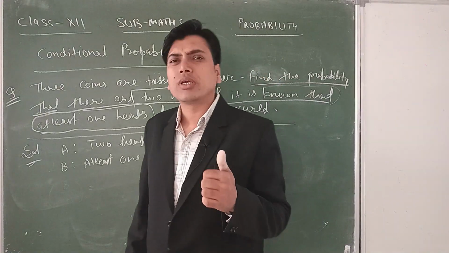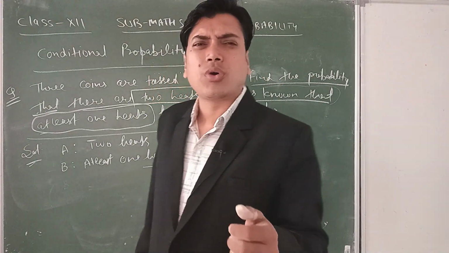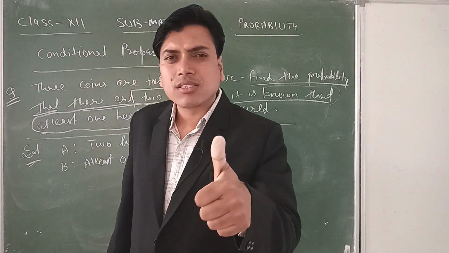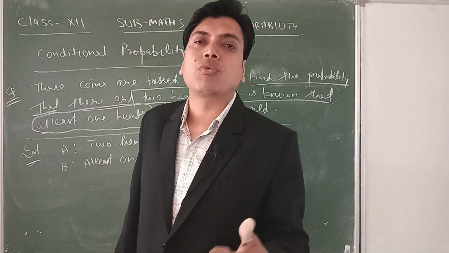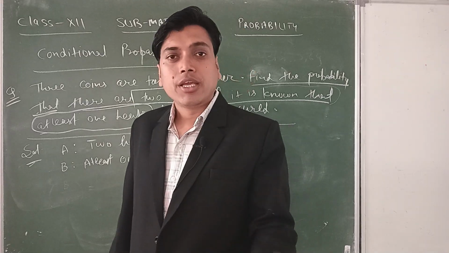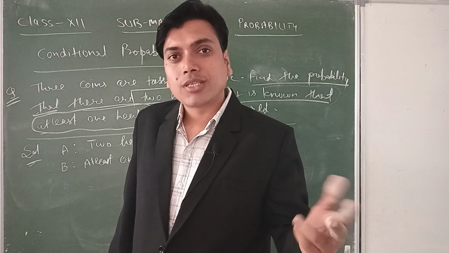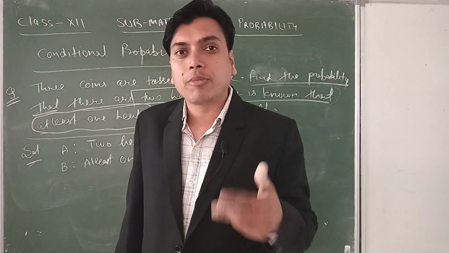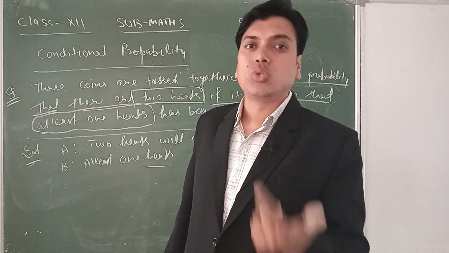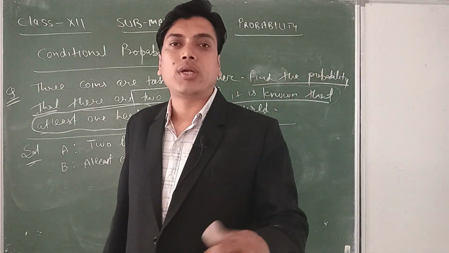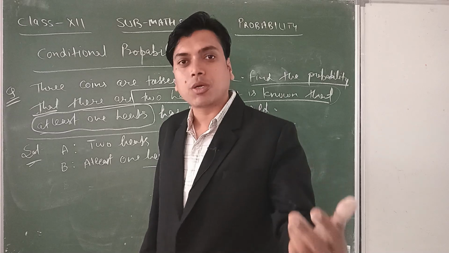Whenever you are doing the chapter of probability, first write the sample space of one die or two dice. For one coin, the sample space is head and tail. If you are tossing two coins, the outcomes are two heads, two tails, one head and one tail, one tail and one head. Total four possible outcomes will be there.